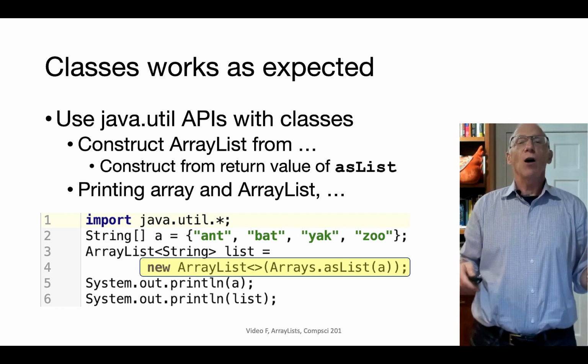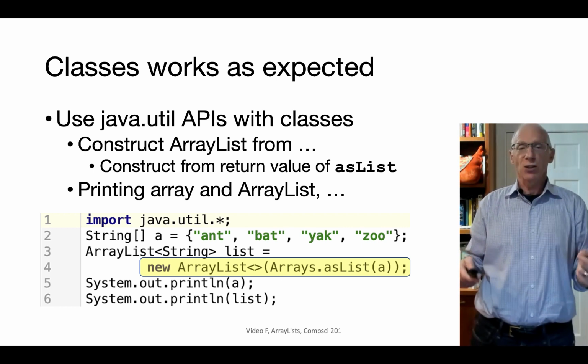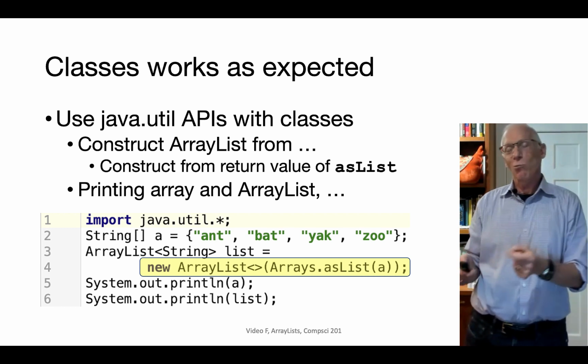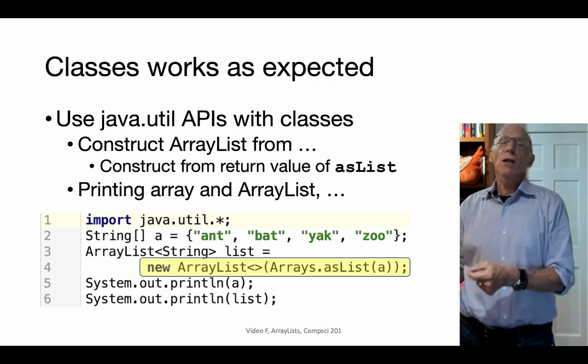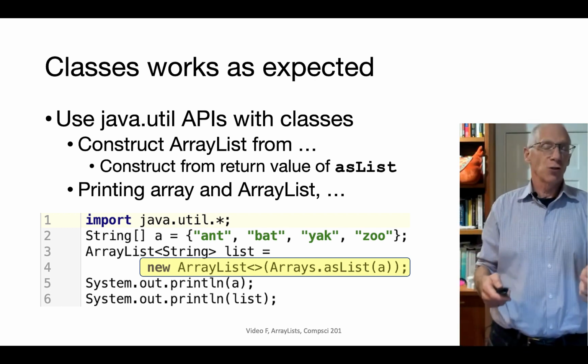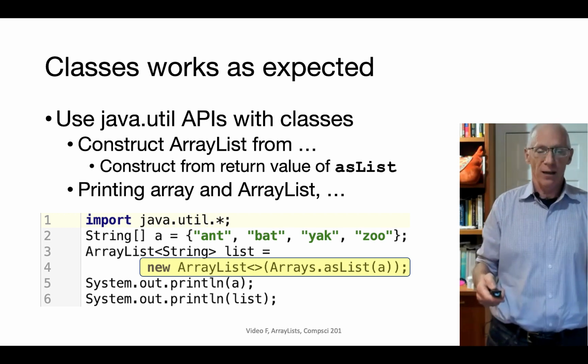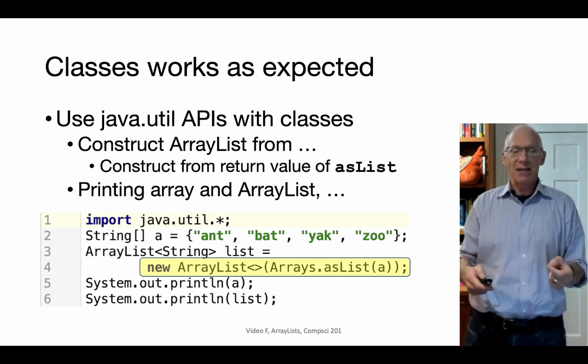Unfortunately, the ArrayList class has a constructor that takes a list as a parameter, but not an array as a parameter. So luckily, I can convert the array of strings, a, into an ArrayList of strings by calling Arrays.asList(a).